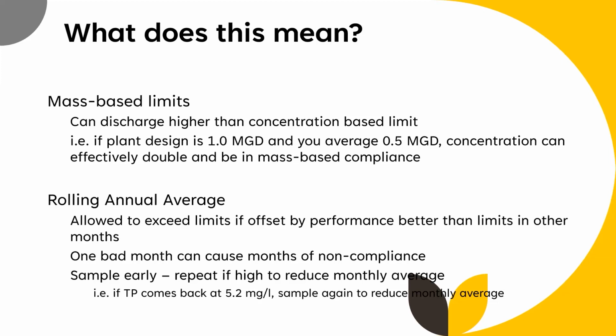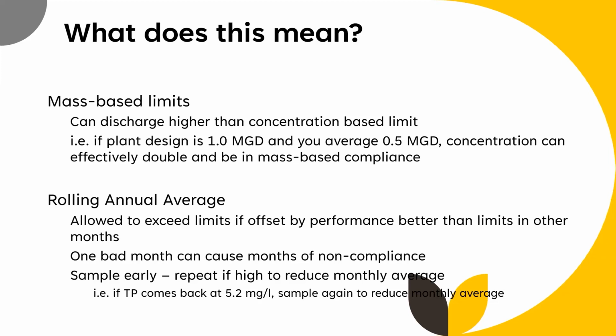So if you have limited sampling frequency for your DMR reporting, and you have a mass-based limit, so let's say you're a facility that has a mass-based limit for phosphorus, and you only sample once a month on a required basis, you might want to consider how you sample and when you sample. I would typically encourage you to sample very early in the reporting window, such that you get your values back.